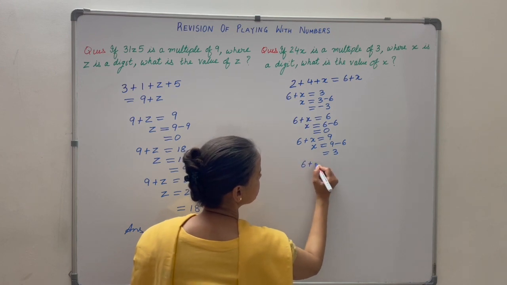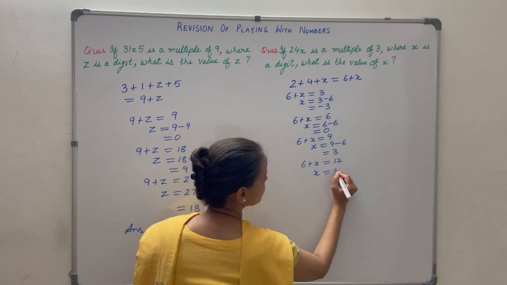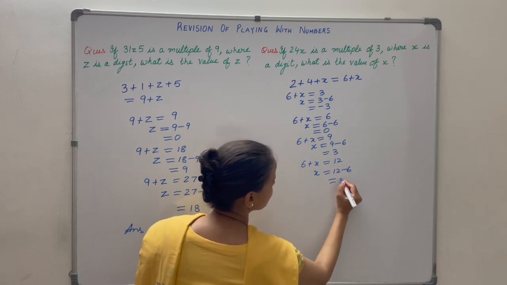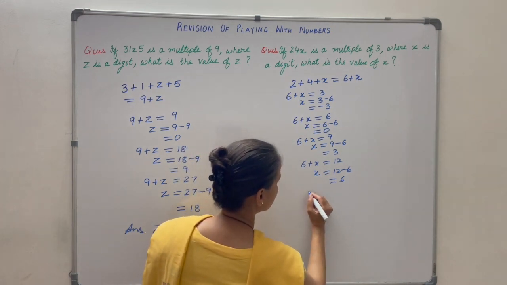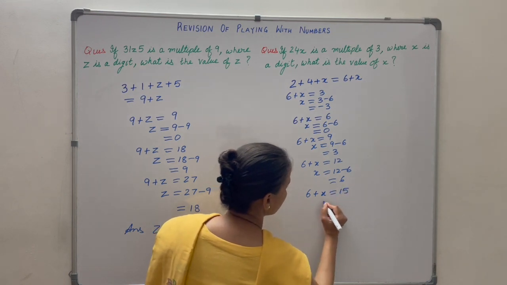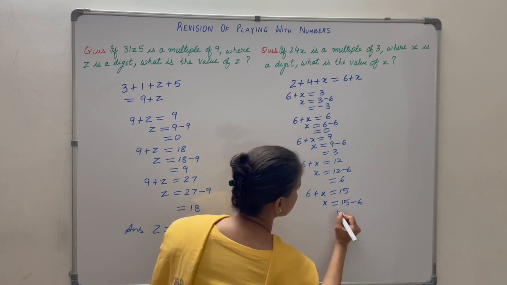The next multiple of 3 is 12. So x is equal to 12 minus 6. So that is equal to 6. Next multiple of 3 is 15. X is equal to 15 minus 6.